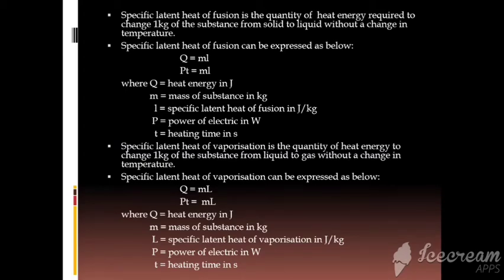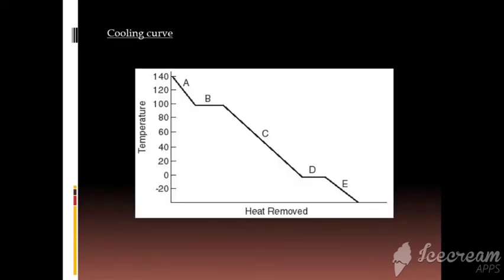Q = mL, and as a result, Pt = mL, where Q is heat energy in joule, m is the mass of the substance in kilogram, L is the specific latent heat of vaporization in joule per kilogram, P is the power of the electric heater in watt, and t is the heating time in second. As you can see on your screen is a cooling curve diagram.